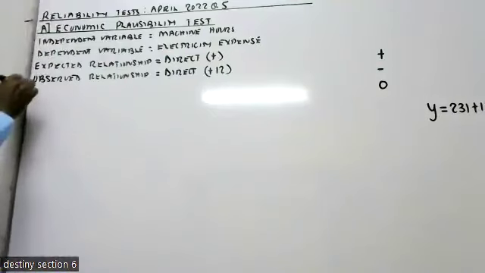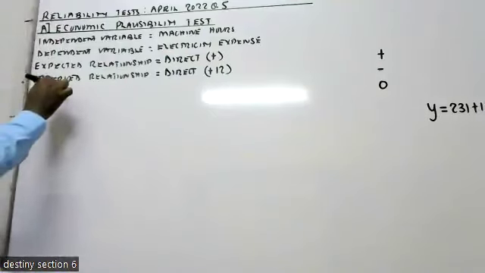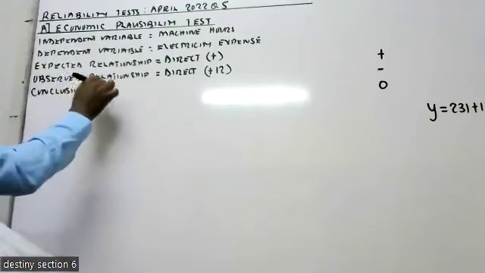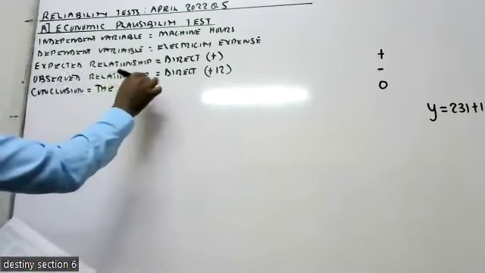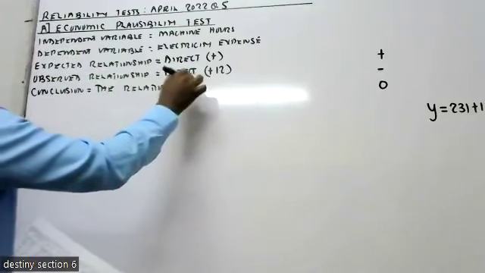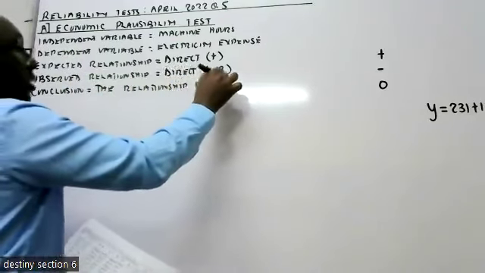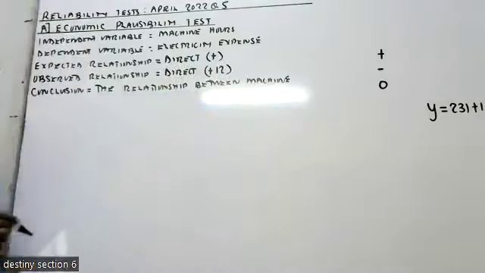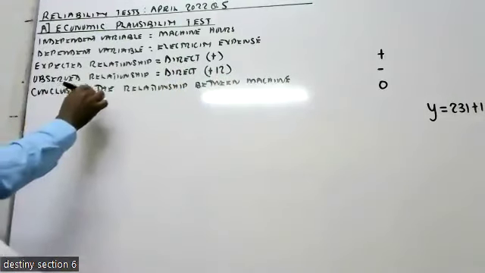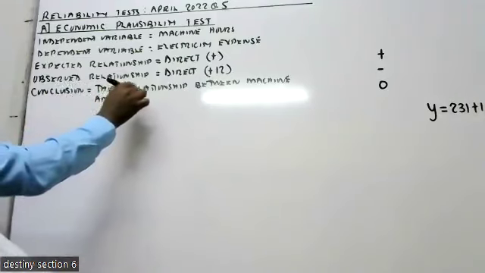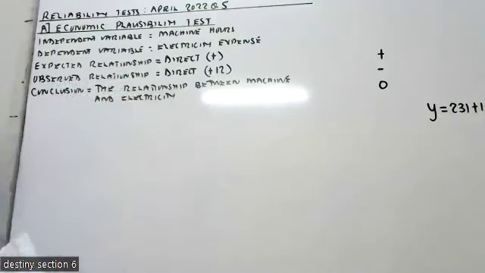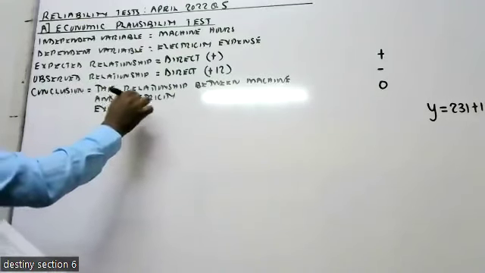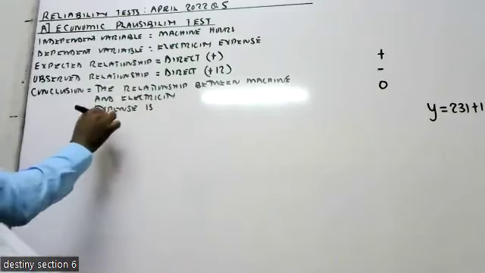So the conclusion is that the relationship between machine hours and electricity expense is economically plausible.